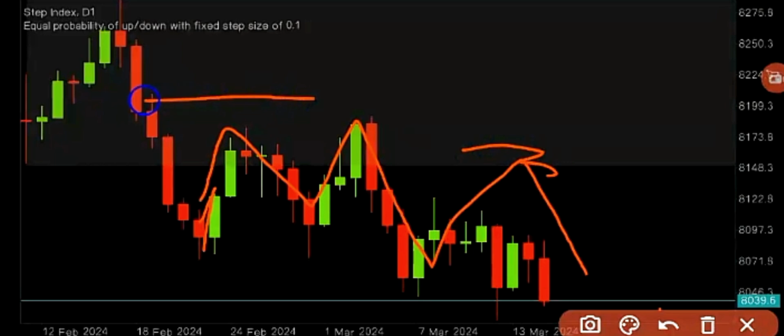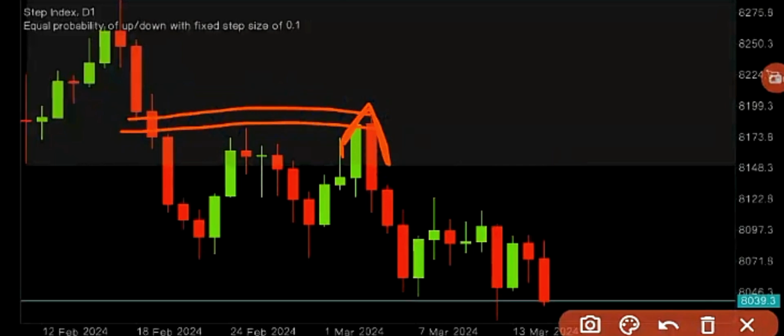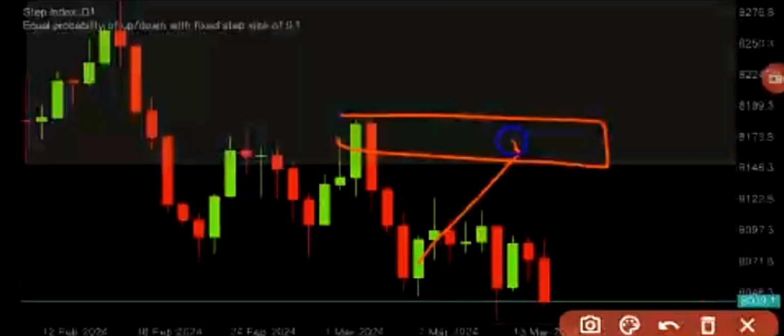You just look here: is the head of the shoulder a move coming from an imbalance? Did that move come from an imbalance? If yes, then this is your high probability right shoulder that wants to sell.